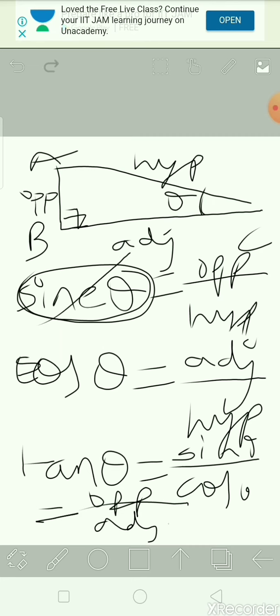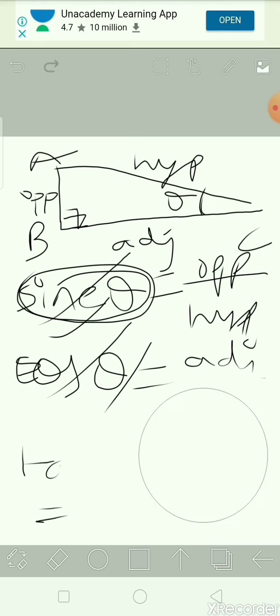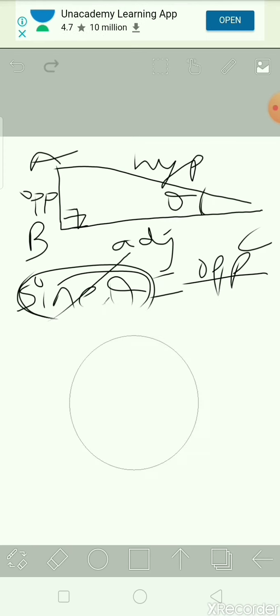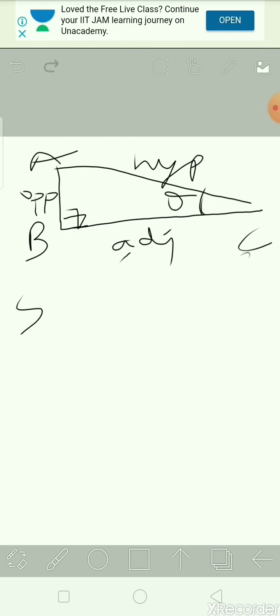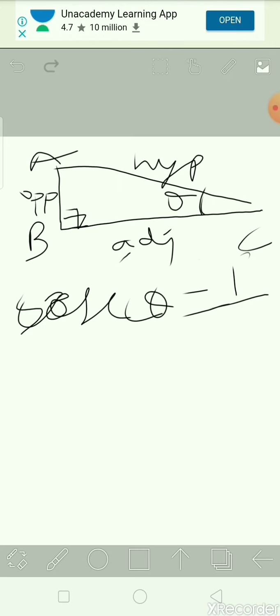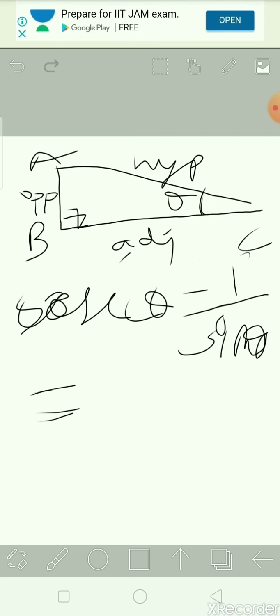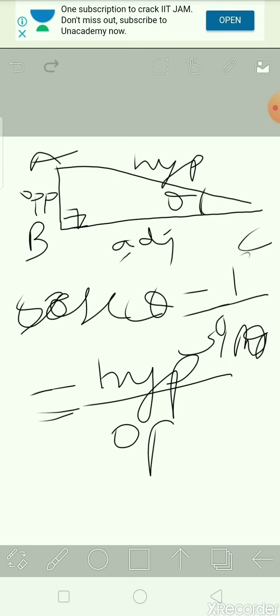Let's see the other functions. Cosecant theta is the reciprocal of sine theta, that is hypotenuse by opposite. Secant theta is reciprocal of cos theta, that is hypotenuse by adjacent.